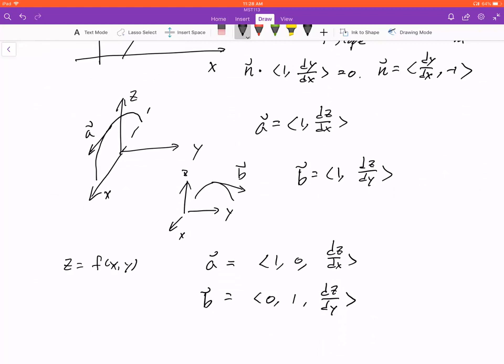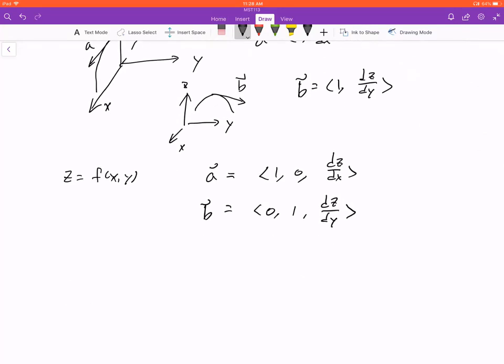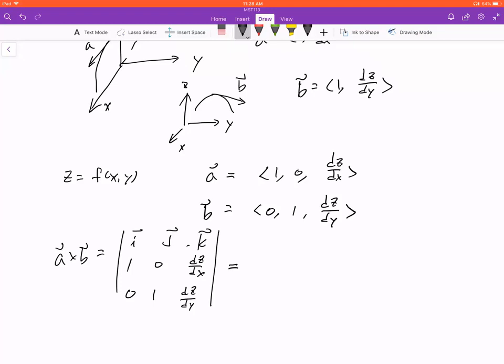So now we can find the cross product and hope it's going to work. So a cross b, we're going to use the determinant method. Over here we have i, j, and k, and then put (1, 0, dz/dx) over here, and then put (0, 1, dz/dy) over here. And that will give us the normal vector of the tangent plane.